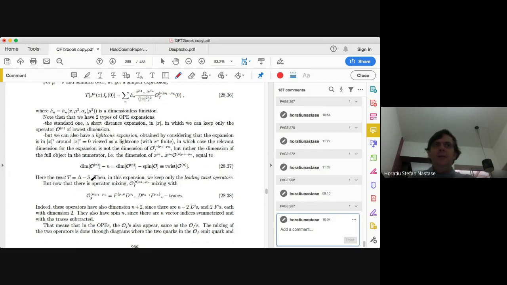So in the OPE, when I think of this as an expansion, the expansion is not anymore as in the expansion, I don't keep the operator of leading dimension, of smallest dimension anymore, but I take the operator of the smallest twist.